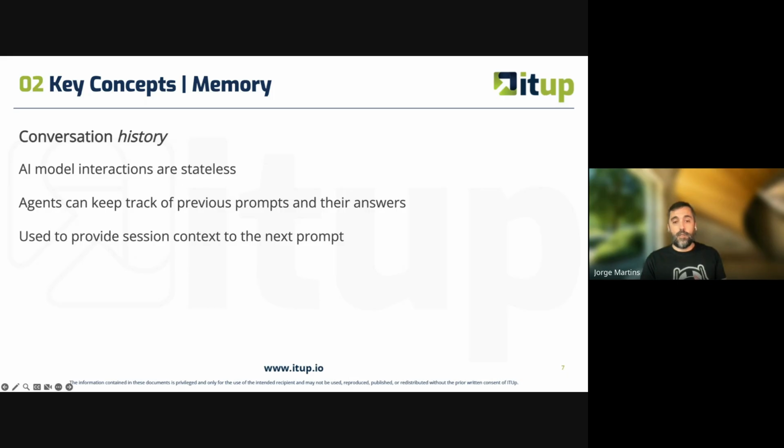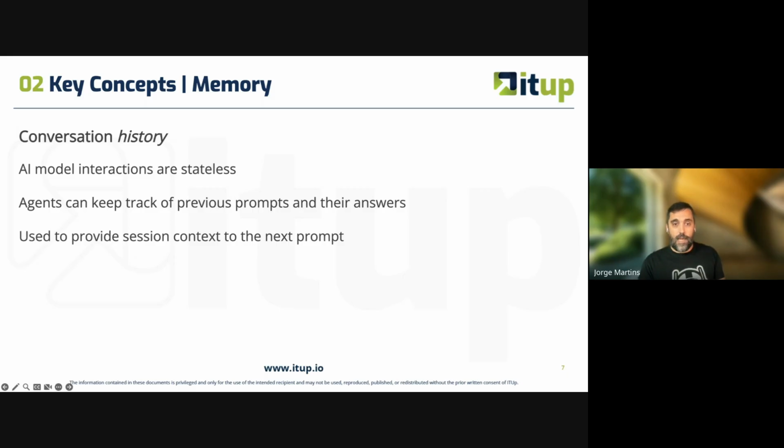So, if you want to keep track of a conversation, and this could be a conversation in the sense of we are chatting with our chatbot, or it could be that there's a sequence of interactions and we want to keep track of what happened already, our agents will need to store memory, store information about past interactions so that we can later on use that information in future interactions, okay?